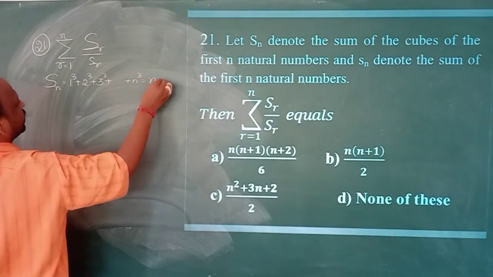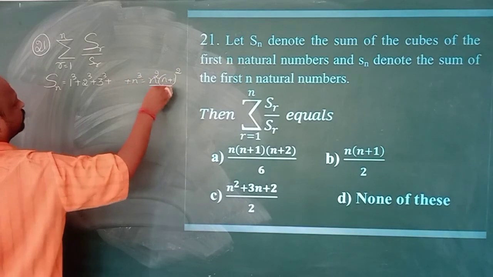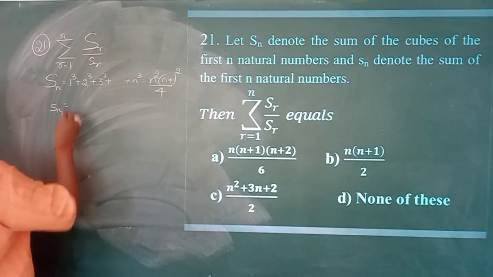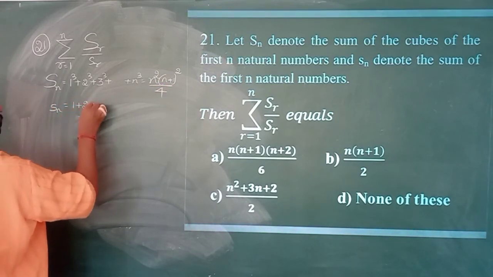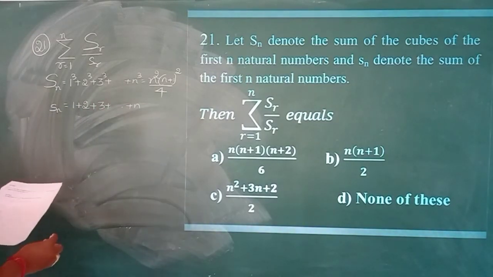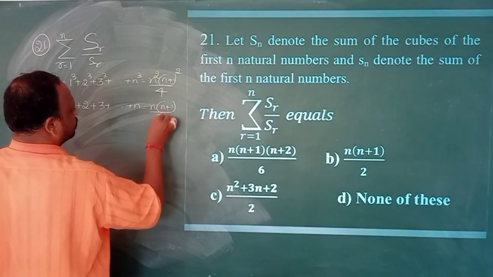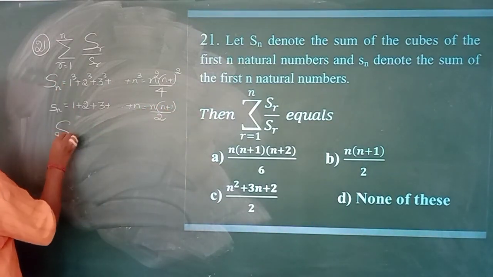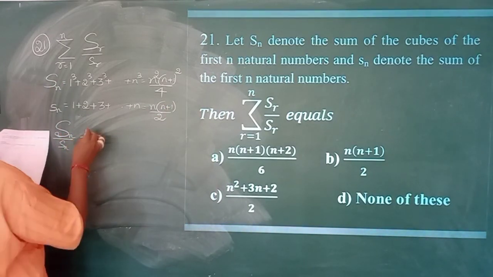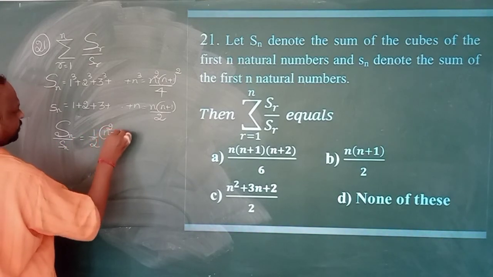That will be n square into (n plus 1) whole square by 4. Small sn will be the sum of the first n natural numbers, 1 plus 2 plus 3 up to n, so that will be n into (n plus 1) by 2. Divide these two, n into (n plus 1) cancels, so you will get 1 by 2 times (n square plus n).